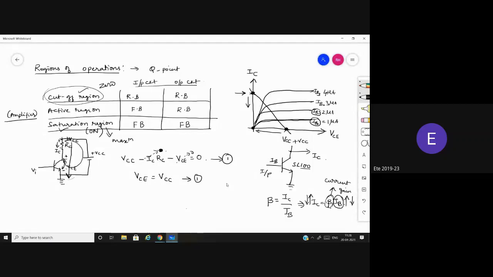Then what remains is VCC minus IC RC is equal to 0. So IC is equal to VCC by RC. So this point is obtained by VCC by RC. By plotting these two points, we get a DC load line. Draw the DC load line.